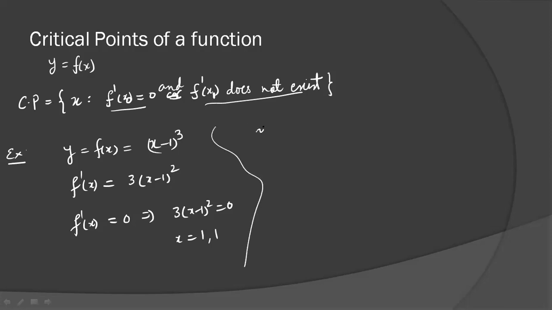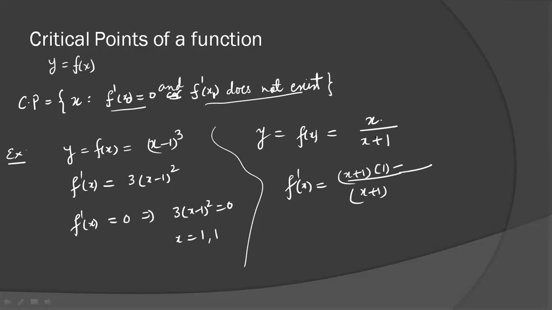But you have f(x) equal to x square over x plus 1. Then f'(x) will be (x plus 1) into 2x minus x square into 1 over (x plus 1) whole square, which is (2x square plus 2x minus x square) over (x plus 1) whole square.